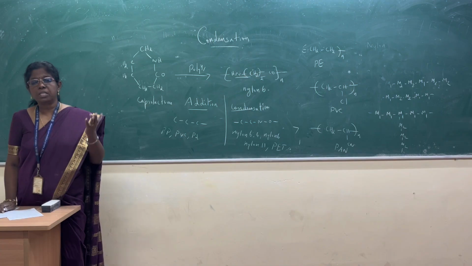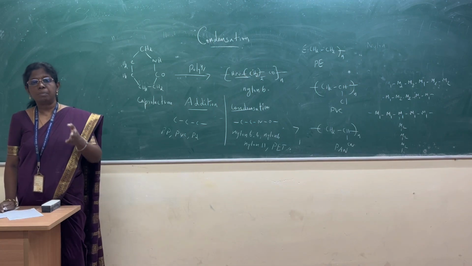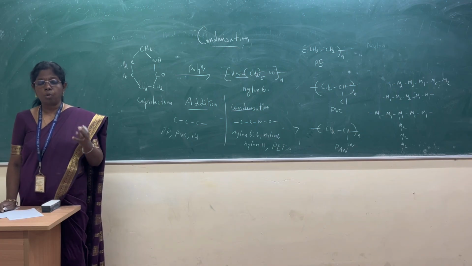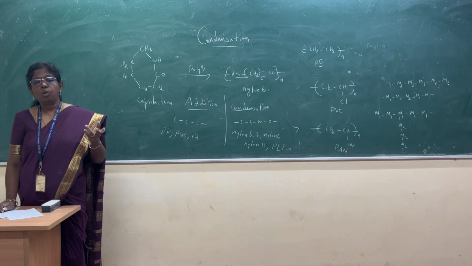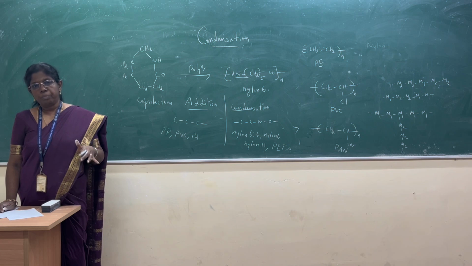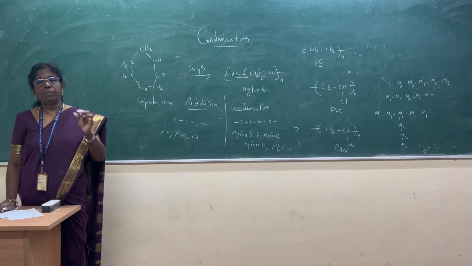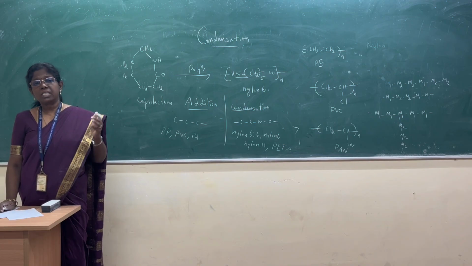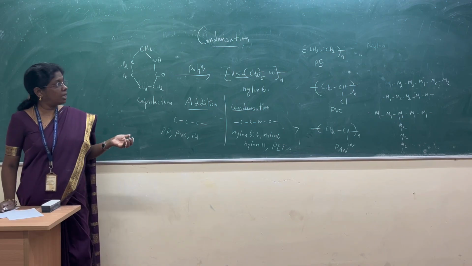Based on origin: natural polymer, semi-synthetic polymer and synthetic polymer. Based on nomenclature: homopolymer, heteropolymer, homochain polymer, heterochain polymer, stereospecific polymer. So define functionality, define degree of polymerization, and define tacticity. Those are some of the important terms we discussed in polymers.